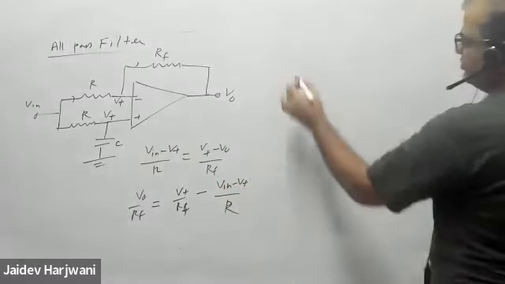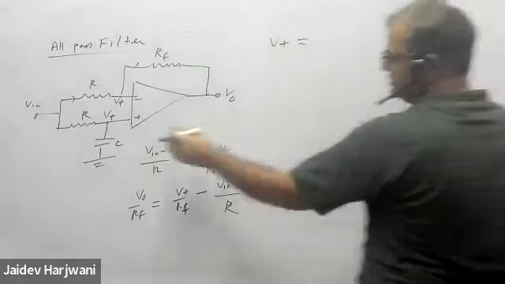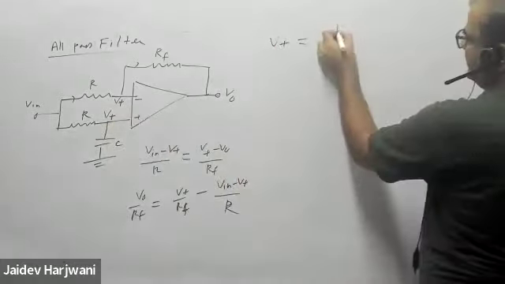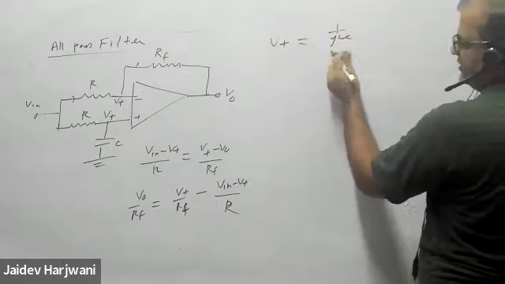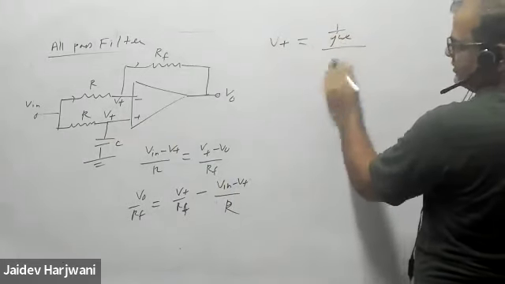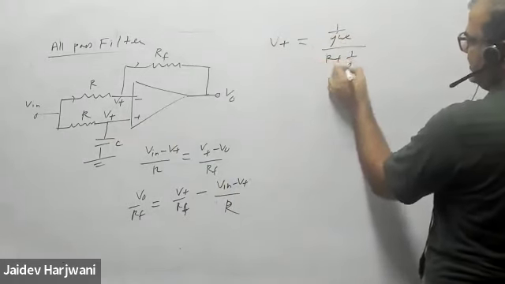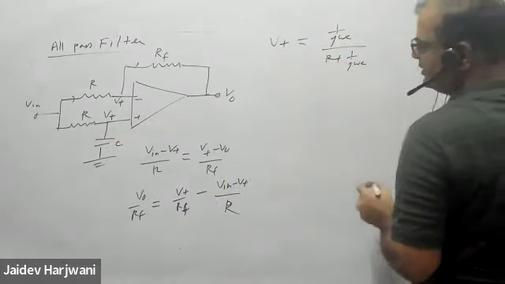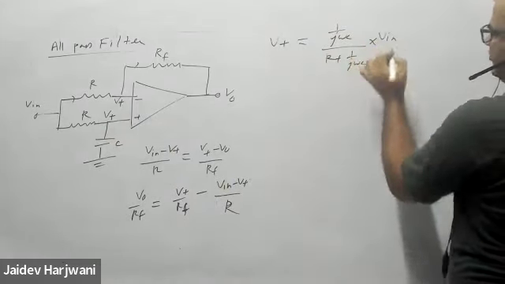And now V plus, you know what is V plus. V plus is this one, 1 by J omega C upon R plus 1 by J omega C into V input.